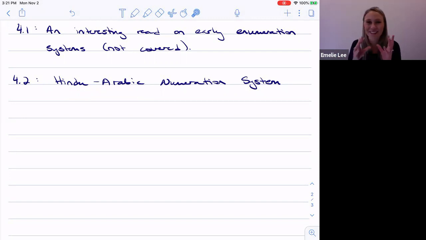And again, there's a really interesting historical note about how things evolved. Even the number 0 took a long time to develop as a positional thing.